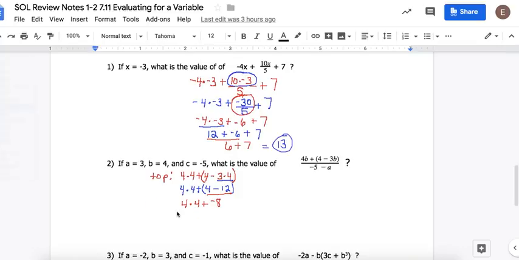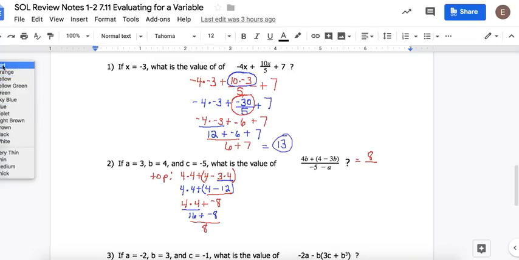So I'm going to do the 4 times 4, which is 16, plus -8. And now I'm down to one step, so I'm going to do 16 plus -8, which is +8. So the top is +8. Now I'm going to go ahead and focus on the bottom here.